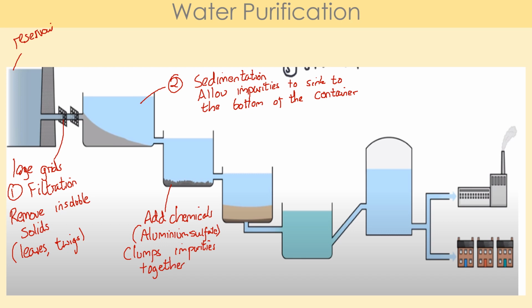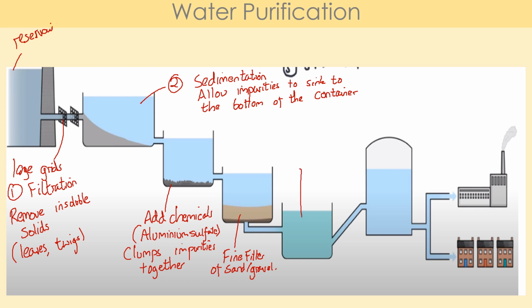We don't really need to know too much about this stage, but it is worth knowing that it is added. We've now got another filtration stage. So we've got a fine filter of sand and gravel, and it just allows anything else to go through. So we get what looks pretty clear at this point.